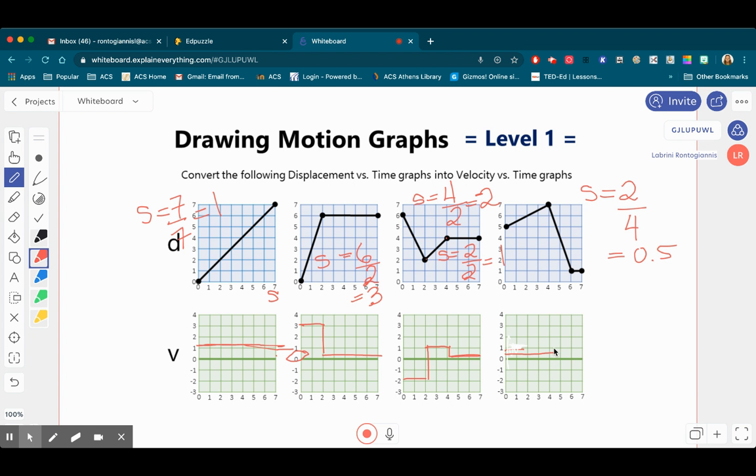This second part of the trip here, he went from 7 to 1, so that's 6 units, and it did that in 2 seconds. And by the way, that was -6 units because we decreased. So it's a speed of -3.